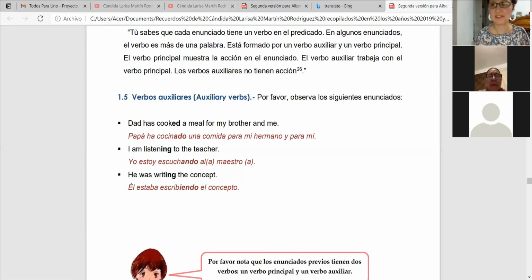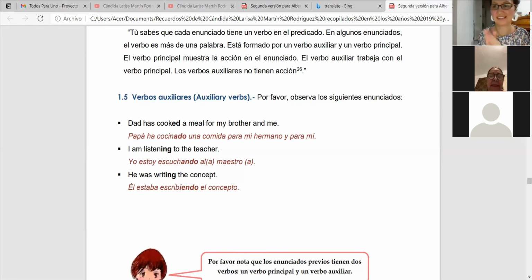So in the first one, the main action is cook. Exactly, Miguel, cook. The auxiliary is has. Very good. In the second one, the main activity is to listen.